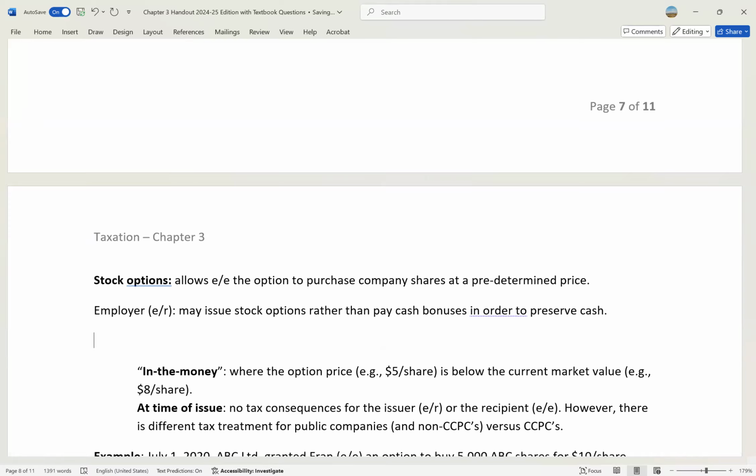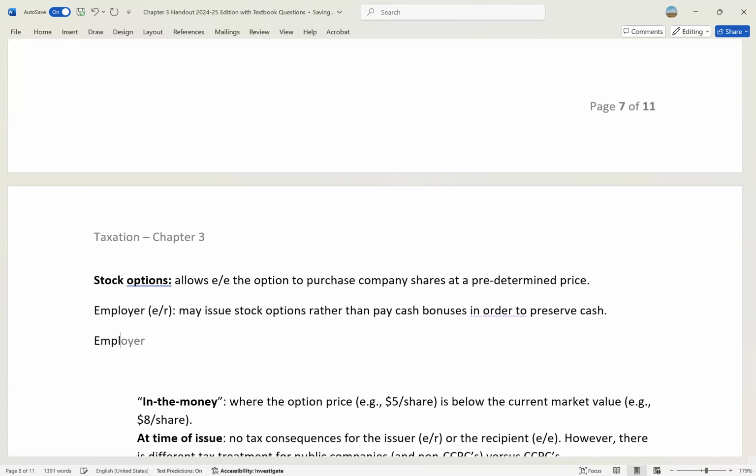So sometimes an employer, rather than pay a cash bonus, may issue stock options because they want to give the employee some sort of reward or bonus, but they don't want to pay cash because they want to preserve the cash to use in their operations.